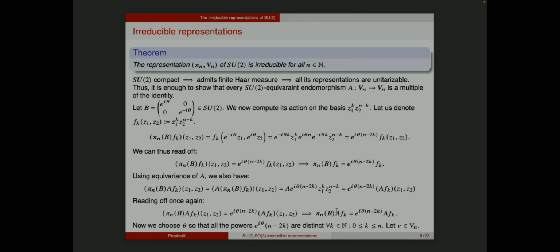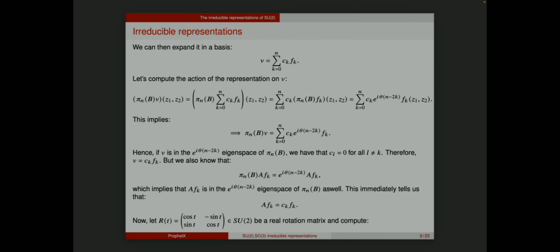We derived this from here, and this implies that A fk is also in the e to the I theta n minus 2k eigenspace. Therefore, A fk must be a multiple of fk. And now we want to find who this multiple is. I mean, who these ck are. So if it would be that this ck is a multiple of the identity, then we in particular would be done.